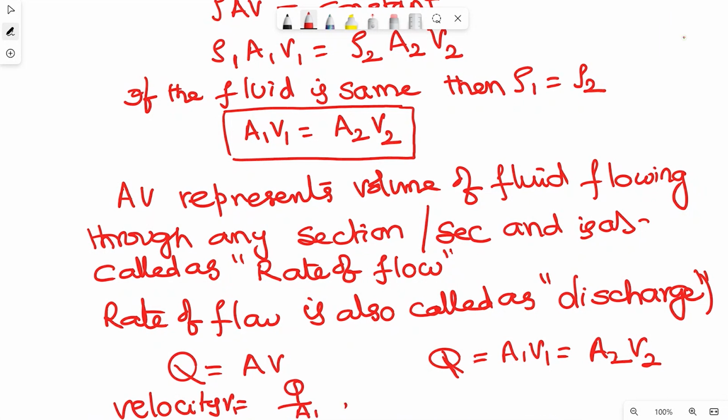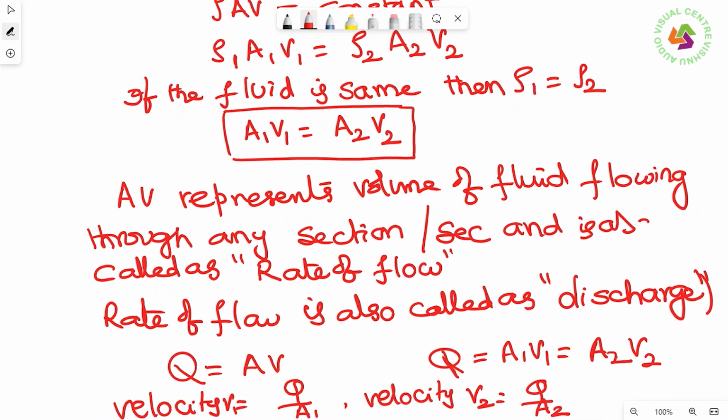In any problem, if the discharge and diameter of the pipe are given, then the diameter of the pipe is known, which means the area of cross section is known. So if discharge is given, you can find out velocity. If velocity is given, you can find out discharge, which is commonly followed. Our velocity V2 is equal to Q by A2.